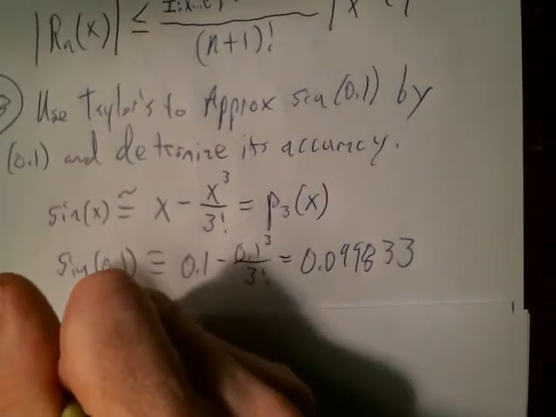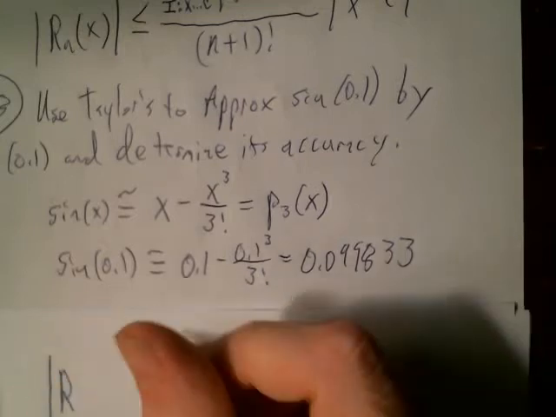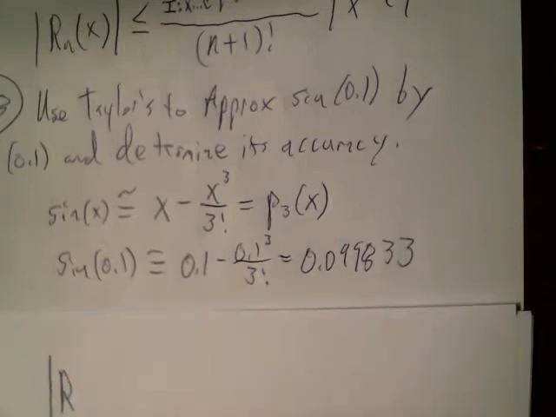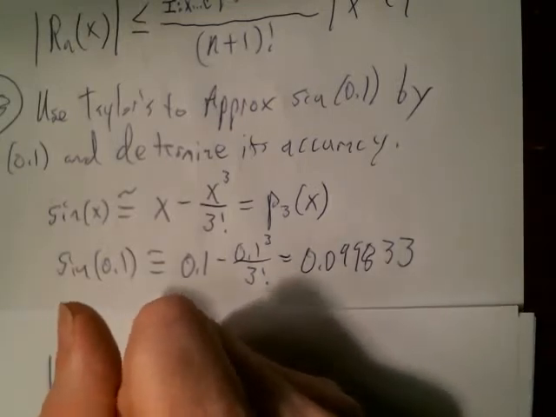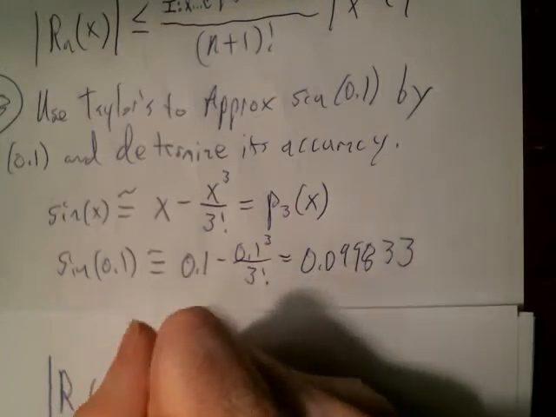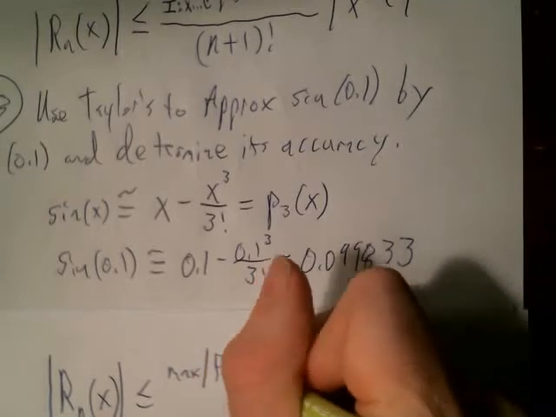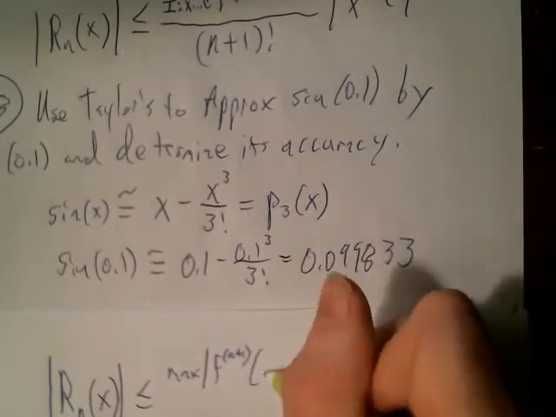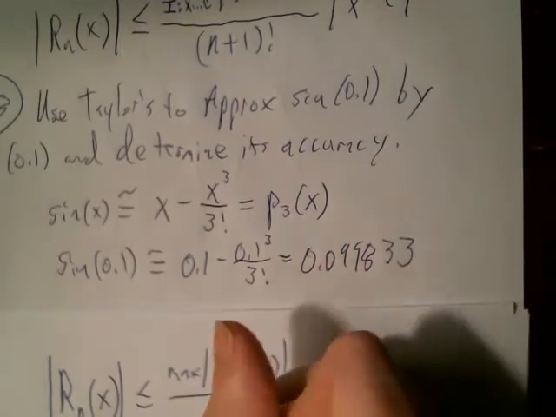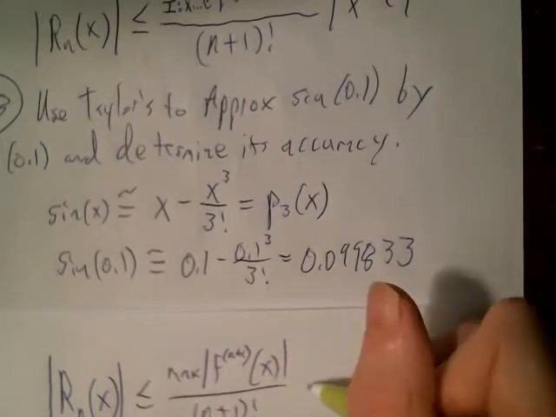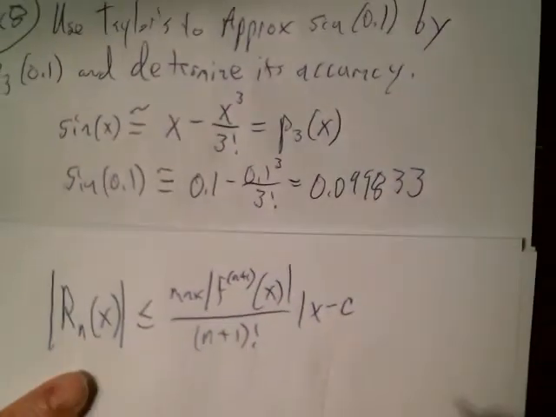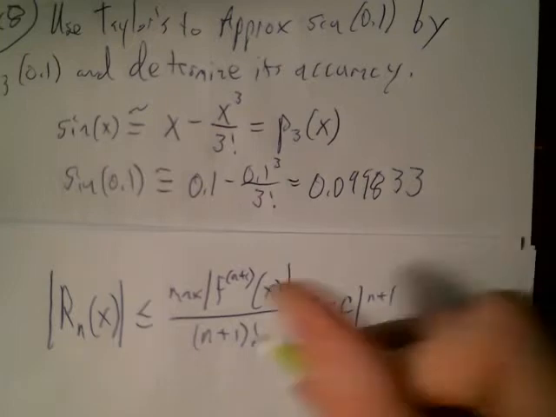So we're looking at finding r sub n of x, which will be less than or equal to the max of the absolute value of the n plus first derivative on this interval, all over n plus 1 factorial, times x minus c to the n plus 1.